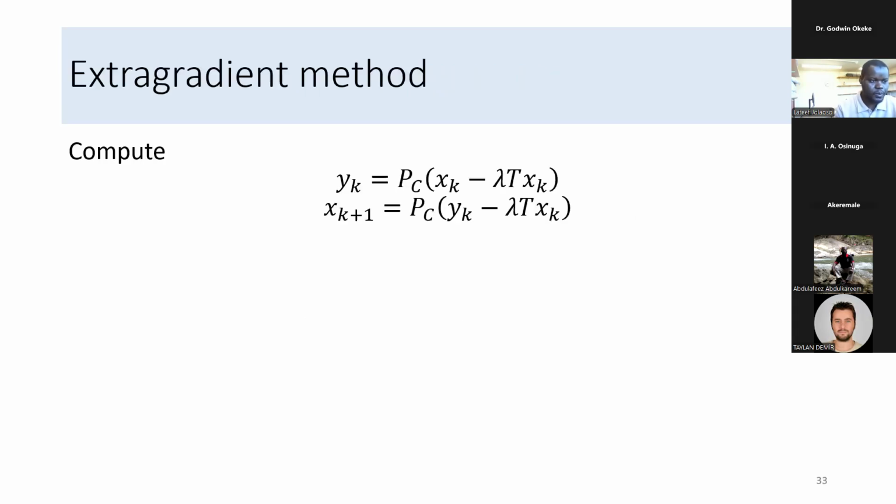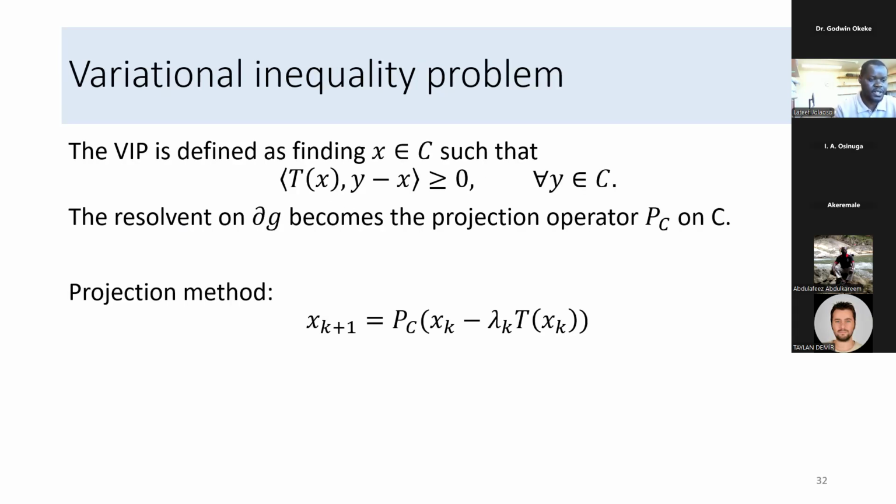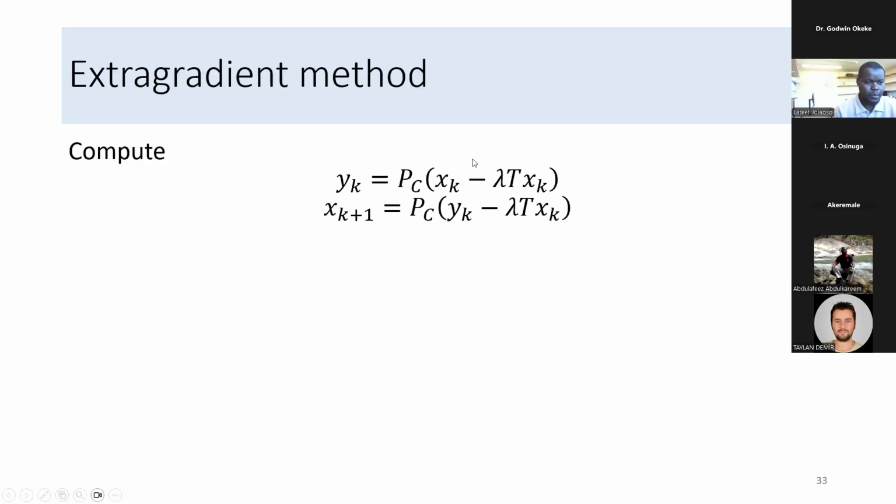So a simple algorithm for solving the variational inequality is the projection method, which converges weakly. Then we have the extra gradient method, which is an advancement of the projection method, which converges strongly based on some parameter.